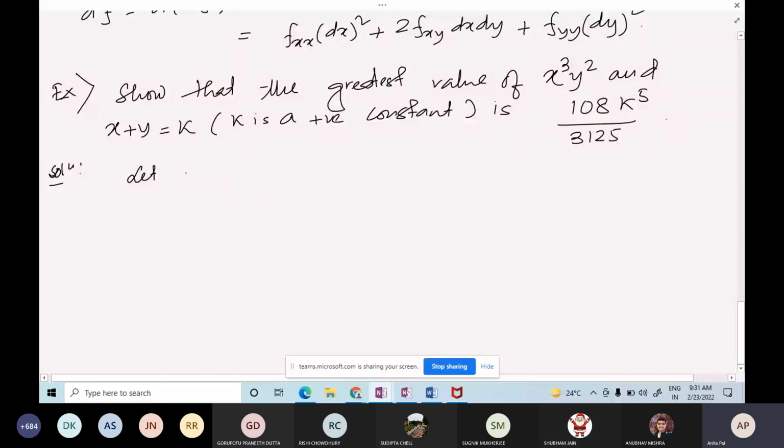Now we are taking, let u equals to x cube y square and capital F is equal to x cube y square plus lambda into phi. Here phi is x plus y minus k. This is phi, the relation between x and y.